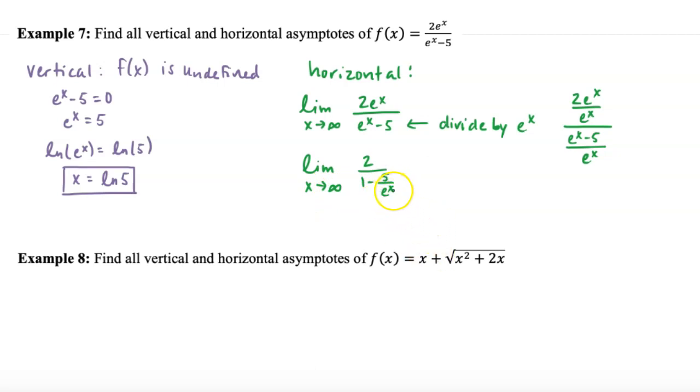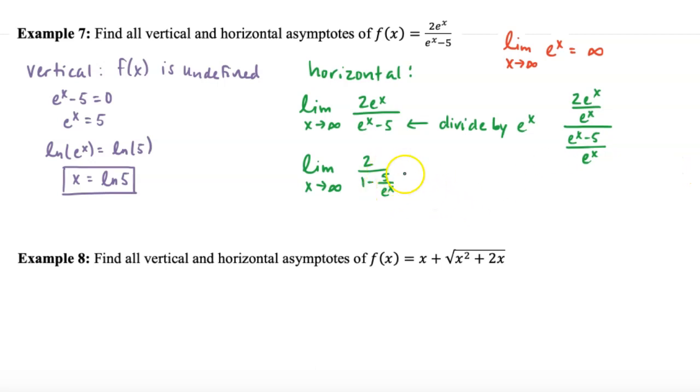Well, as x increases, and let me write this as a side note, as x increases, e to the power of x is going to get really, really large. In other words, I can say that the limit as x approaches infinity of e to the power of x is equal to what? What happens to e to the power of x as x increases? Well, this value is going to continue to increase, so this is going to be infinity.